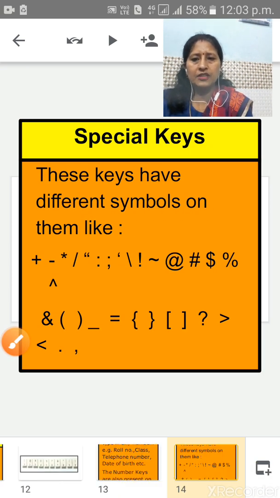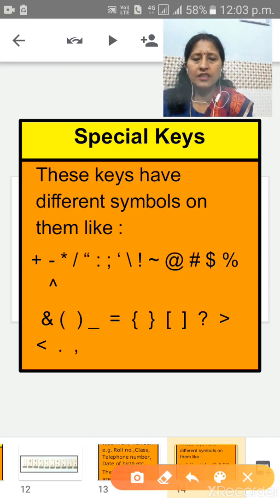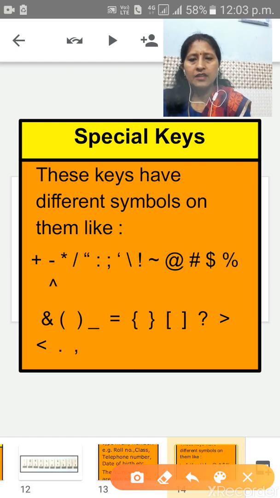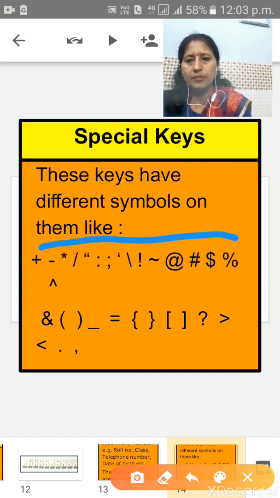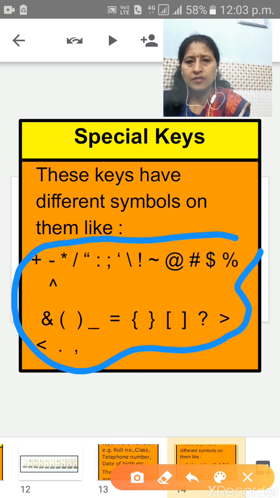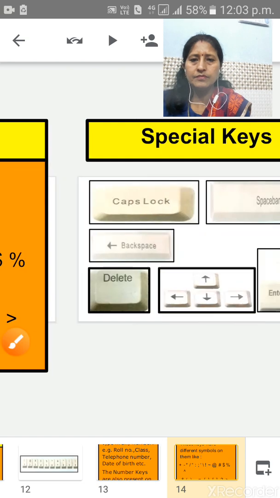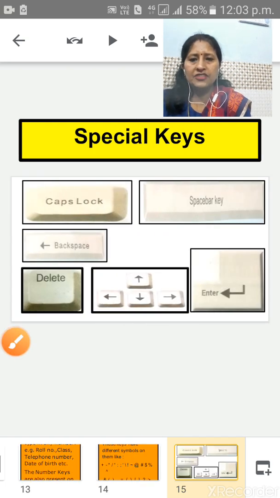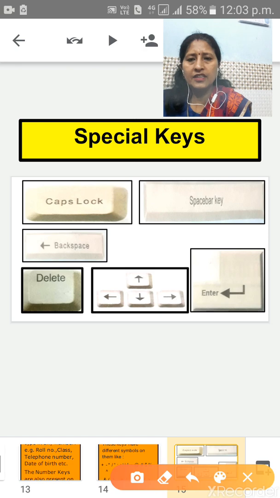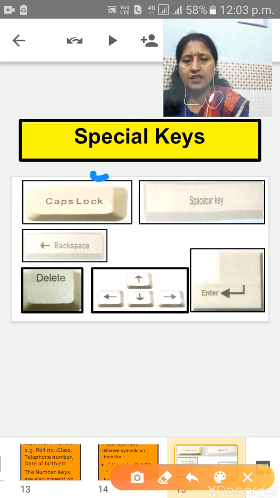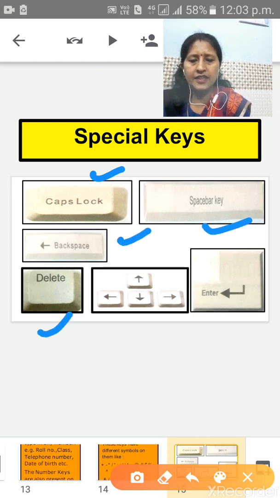Last is special key. Children, the special keys have different symbols on them. Like these are the symbols present on the keys. Children, these are the special keys: caps lock, spacebar key, backspace key, delete key, arrow key, and enter key.